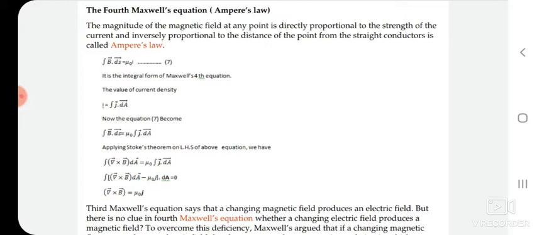The first Maxwell equation is nothing but Gauss's law of electricity, which states that the flux passing through any closed surface is equal to 1 by epsilon naught times the total charge enclosed by the surface.